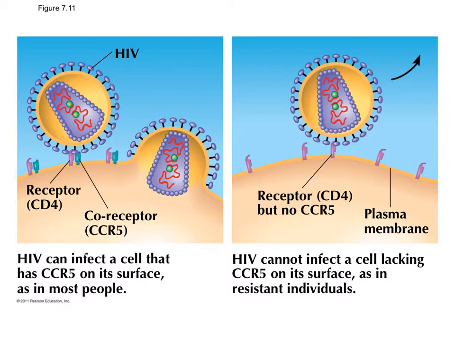After binding those, the envelope fuses with the phospholipid bilayer, the virus enters the cell and then basically takes over the white blood cell, replicates many more copies of itself, and then buds out and infects more cells. When this happens too much, that's when you end up getting AIDS.